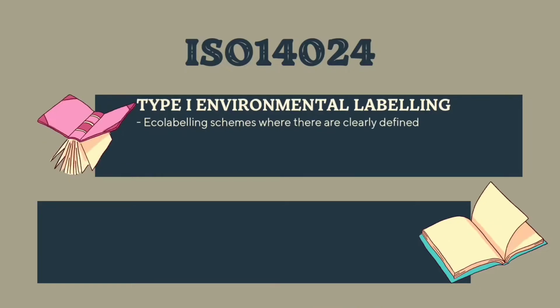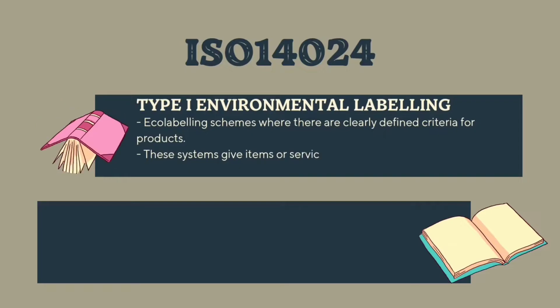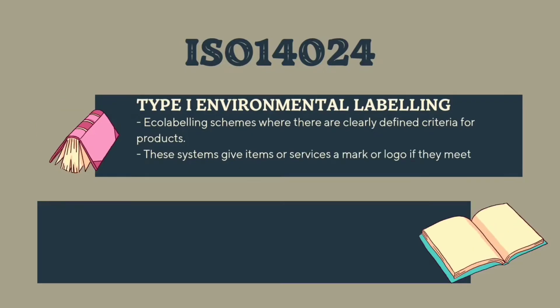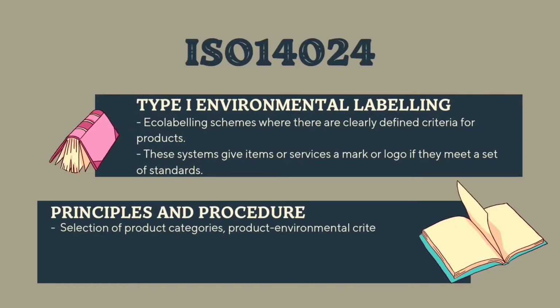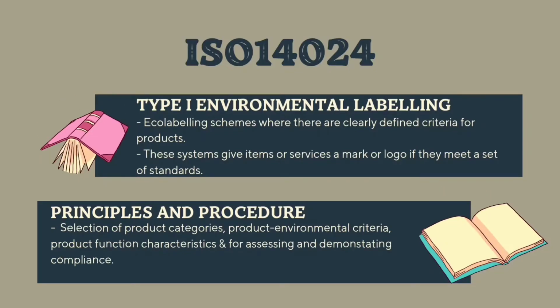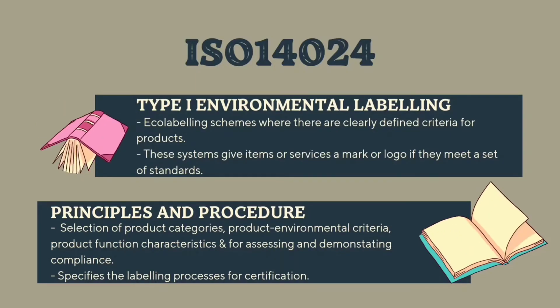This ISO is the eco-labeling schemes where there are clearly defined criteria for products. These systems give items or services a mark or logo if they meet a set of standards. In this ISO principles and procedure, it listed the selection of product categories, product environmental criteria, product function characteristics, and for assessing and demonstrating compliance. It specifies the labeling process for certification.